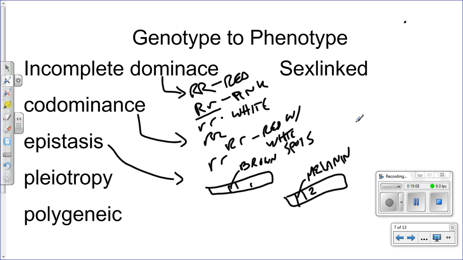Melanin is a key compound that helps with coloration, not only of hair and skin, but also eye color. So this gene right here really affects whether or not number 1 works, and that's epistasis, where one gene affects another gene's outcome. All right? Pleiotropy is where one gene causes multiple phenotypic effects.